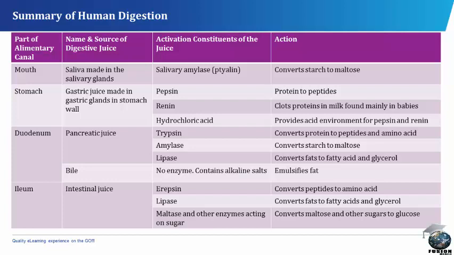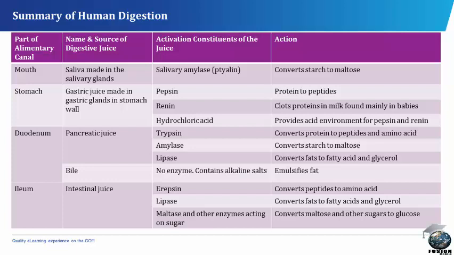In the mouth, saliva is made in the salivary gland, and salivary amylase or the ptyalin is the active constituent of the juice, and it converts starch to maltose. In the stomach, gastric juice is made in the gastric gland in stomach wall. The active constituents of the gastric juice are the pepsin, the renin, and the hydrochloric acid.